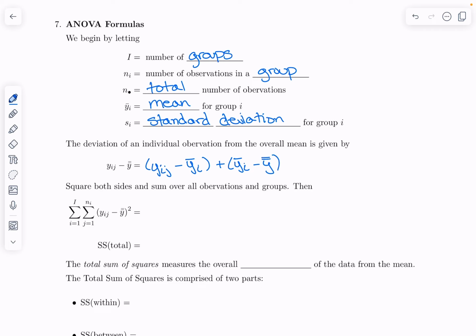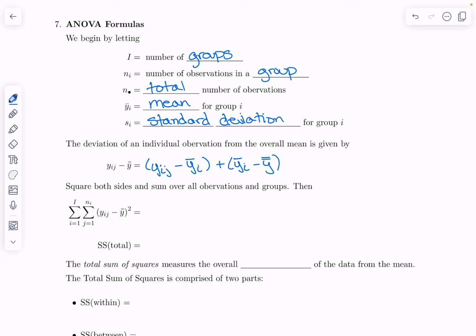Okay, so what I've written there compares each group mean to the overall mean. And since I added and subtracted the group mean, I've essentially added 0 to this expression, so I haven't really changed it. So this gives me how far an individual observation is from the overall mean by thinking about how far it is from the group mean, and then how far the group mean is from the overall mean.